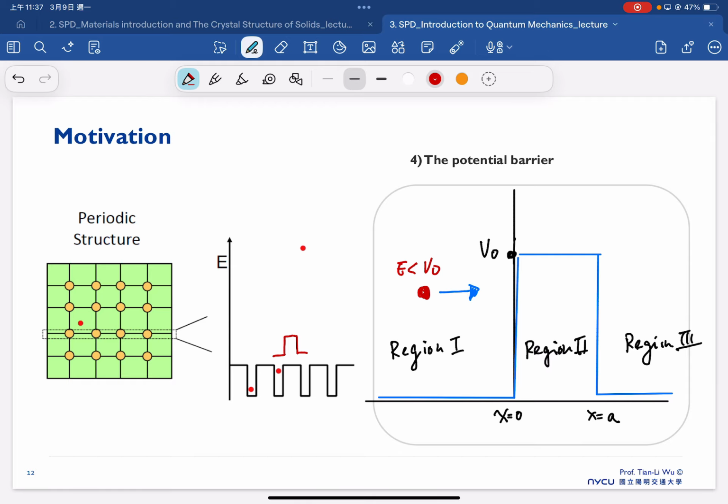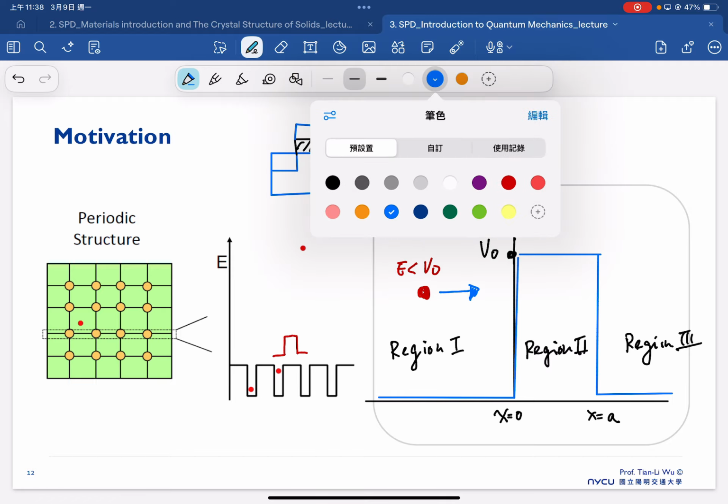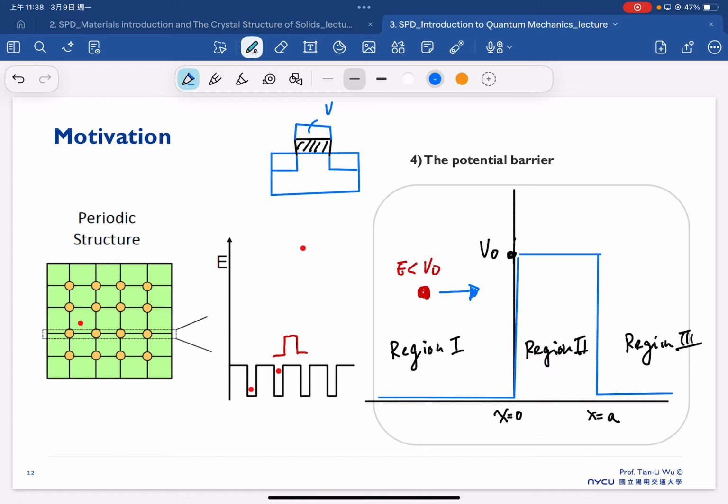Because the last case is exactly the case that we will try to understand inside the MOSFET, where there's a dielectric, there's a gate, and we apply VG and extract the electrons.